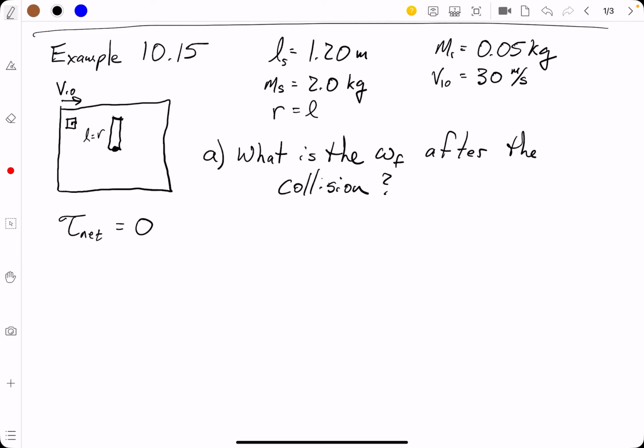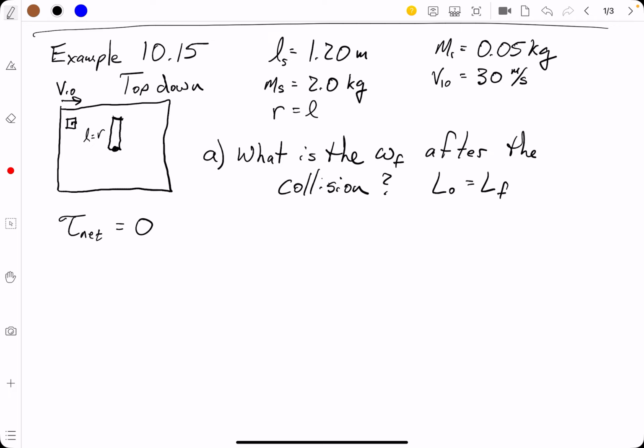We're looking from the top down on a table, and everything's got no friction, so we can genuinely say that our angular momentum initially is equal to our angular momentum finally. That's conservation of angular momentum.